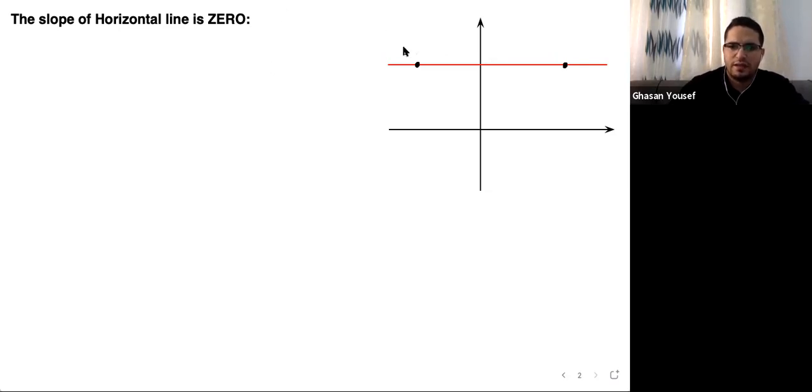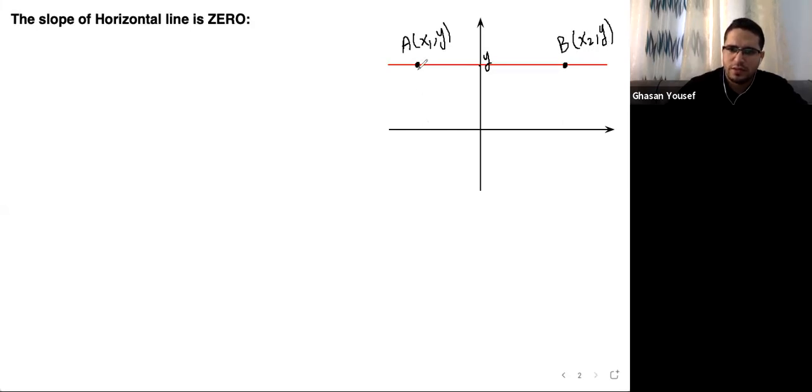For that, this point A is (x1, y), because this value is the same, it's y here, and this point here is B, (x2, y), the same y coordinate.